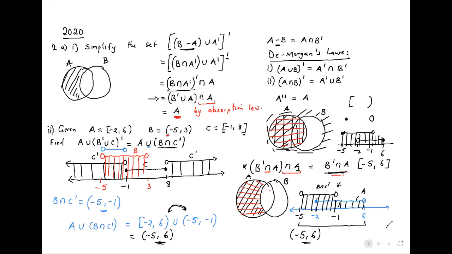So I have a question on the last thing you were illustrating. What's your question? Why are we including -2 and -1 when it wasn't included in A and B complement there? No, in the union, you don't look at the inclusion in both sets. You just look at, does it belong in one of the sets?